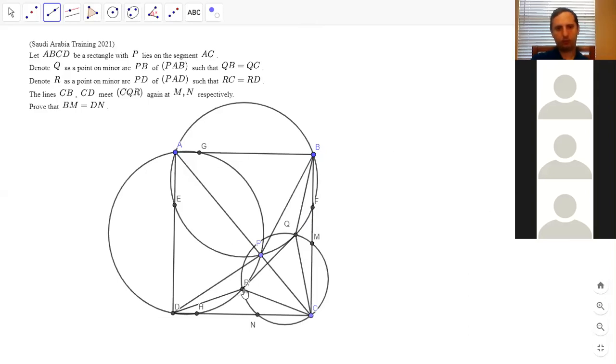So maybe let's try to do an angle trace. So we have this angle is equal to this angle, which is equal to angle RMN or RQN. Yeah, maybe we can find similar triangles.